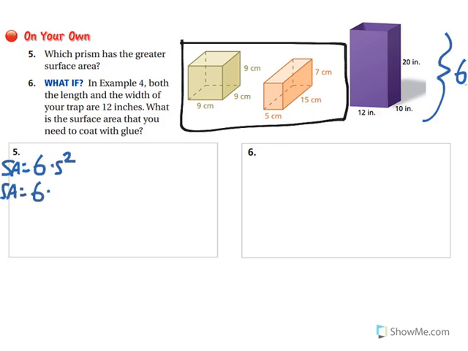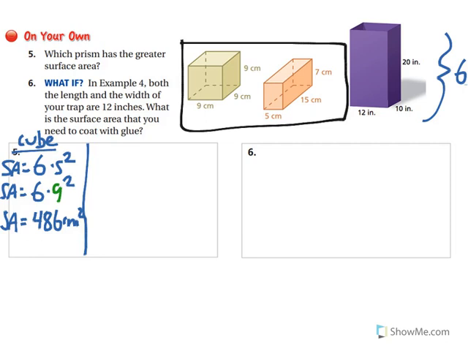In this case, the s is 9, so 9 squared. And when I solve that, I get 486 centimeters squared. So here's my first one, the cube.